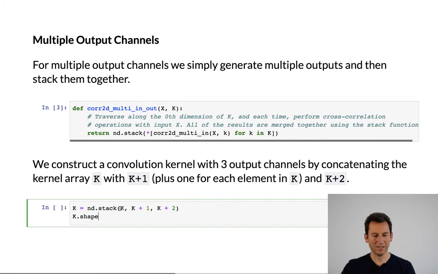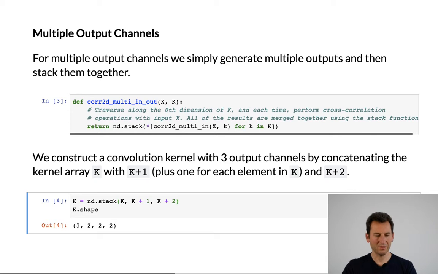I'm just going to take the convolutional kernel K, add 1 to it, add 2 to it, and stack it up. So this gives me a 3x2x2x2 tensor. It's 2x2 for the 2x2 convolutions, another 2 for the 2 input dimensions, and 3 for the 3 output dimensions.